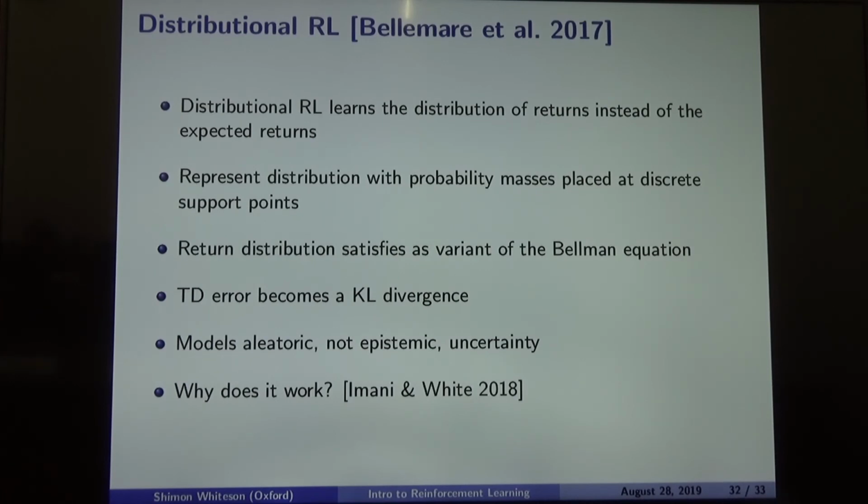Distributional RL and distributional methods for decision theoretic planning are old. They go back many decades, but until recently they have been used only in risk-sensitive settings. Suppose you have an application where you don't care about the expected value.